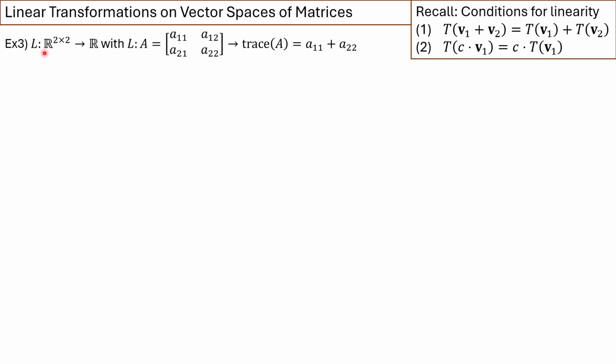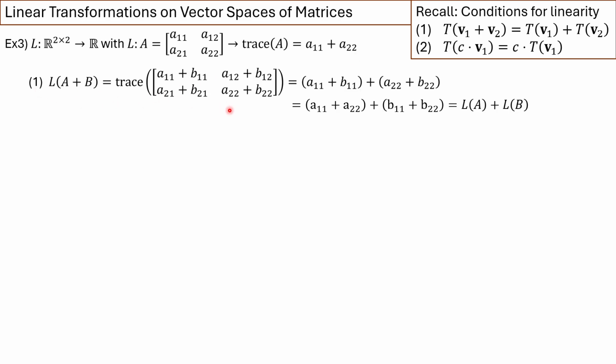We'll check if it's linear, from 2 by 2 matrices to just one real number output, where our linear transformation uses this first input matrix A, A11, A12, A21, A22, and outputs the trace of A, which remember is the sum of the diagonal elements, A11 plus A22 for this 2 by 2 case.